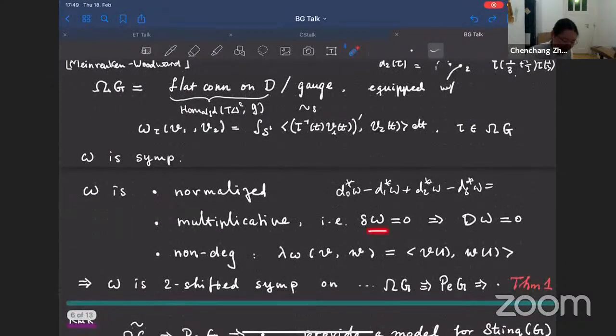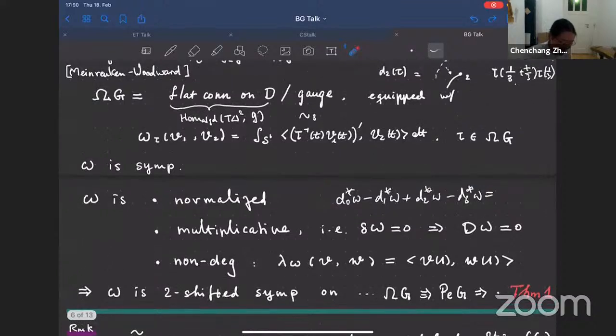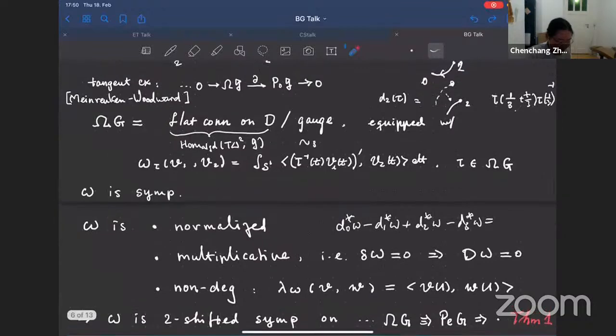So this Segal's form is additive and multiplicative, and therefore is closed. It is normalized closed, so it's at least pre-symplectic. Then let's verify it is non-degenerate. We do a calculation of this infinitesimal form and found that it's pairing at the endpoint.